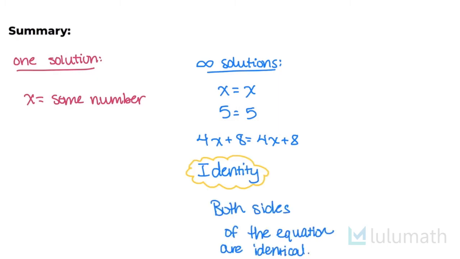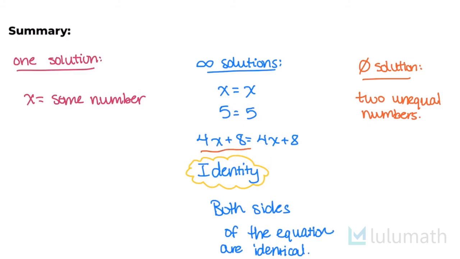And then our last option is if we have no solutions. And that happens when we solve and we get to a point where we get two unequal numbers. And we can even get to a point where we have, like here, this 4x plus 8 on the left side. And that would equal 4x plus any other number other than 8. So I'm just going to randomly choose a number. I'm just going to say 9, for example.